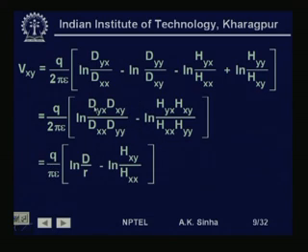Therefore, d y x and d x y are both equal to d. So this becomes q by twice pi epsilon log n d square by r square, and the square can be taken out, so the 2 cancels with this 2. It becomes q by pi epsilon log n d by r.